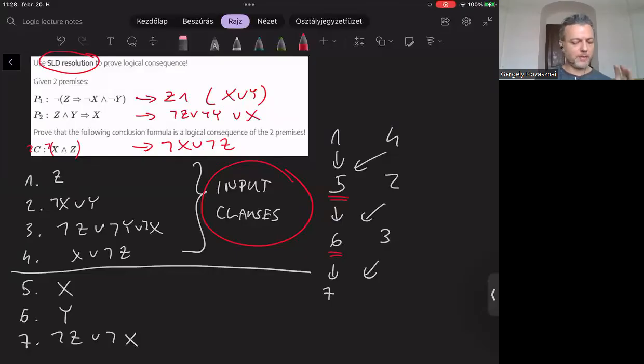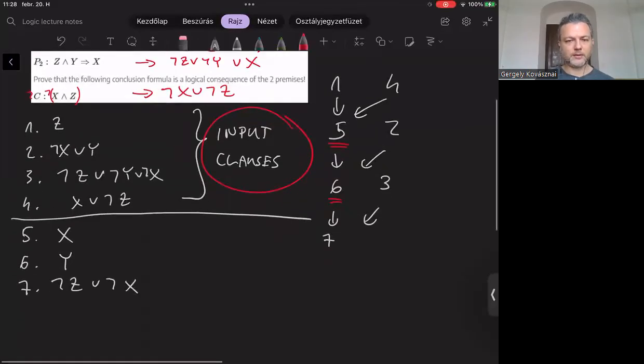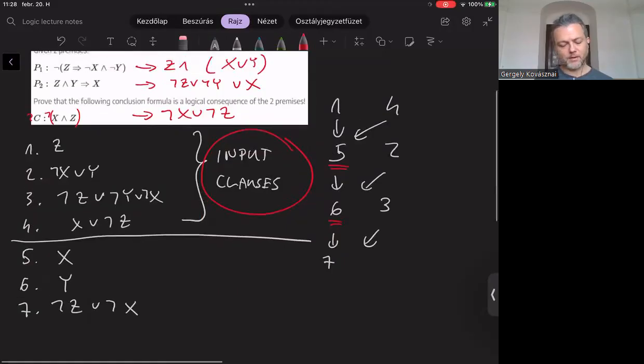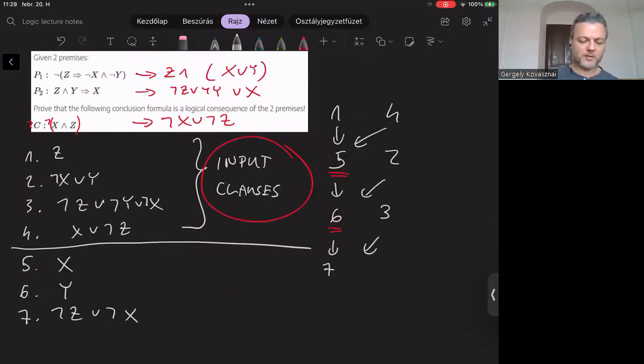This means you can only pick now clause number 1 or 2 or 3 or 4, and none of the rest of the clauses. Okay, so we must not choose clause number 5 because clause number 5 is not an input clause.